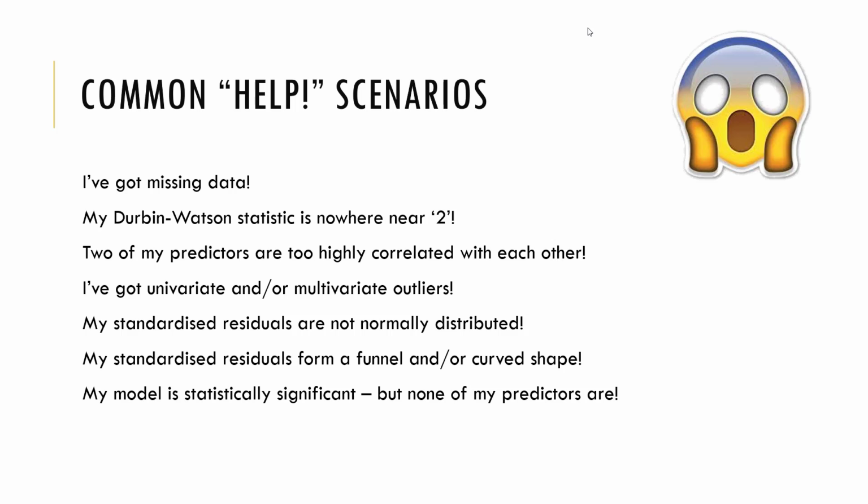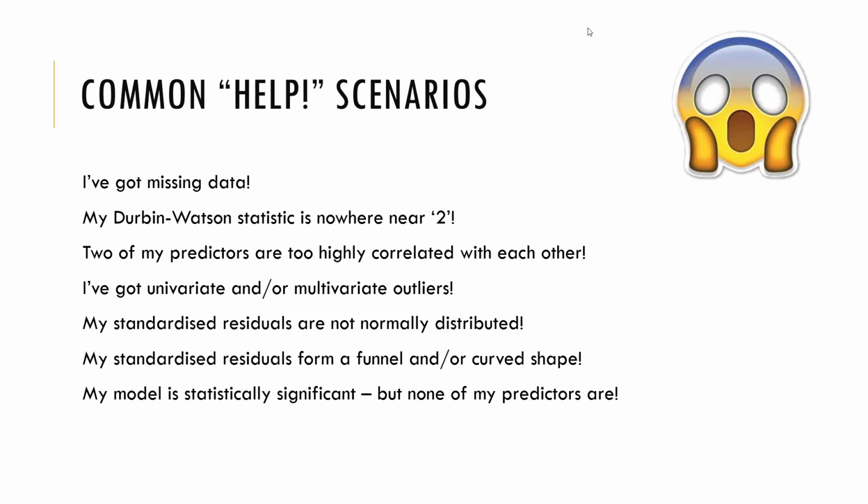But an alternative is to just separate them out to run separate regressions, or to see if there's a way of combining the two variables into one score. And sometimes, if they're two subscales that come from an overall questionnaire, there might be a way of just using the whole questionnaire score rather than the two subscales at all. So that's one approach that can be taken to deal with it. But if you have multicollinearity, you've got to do something about it.